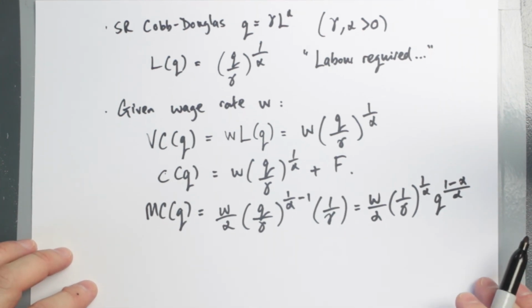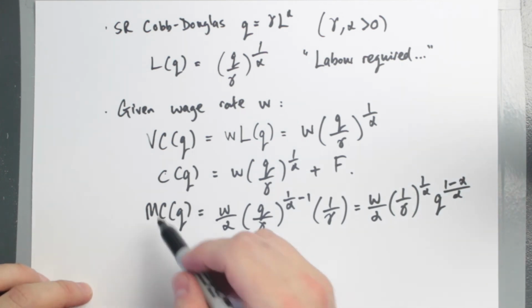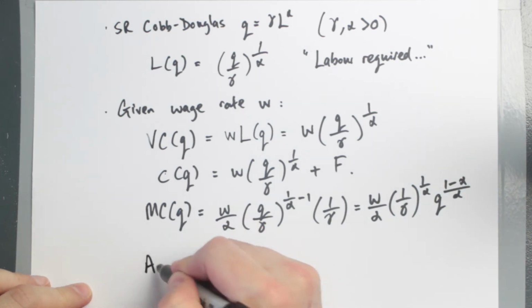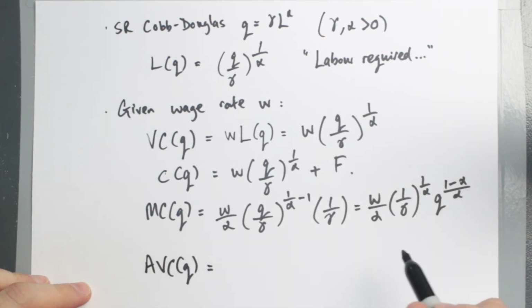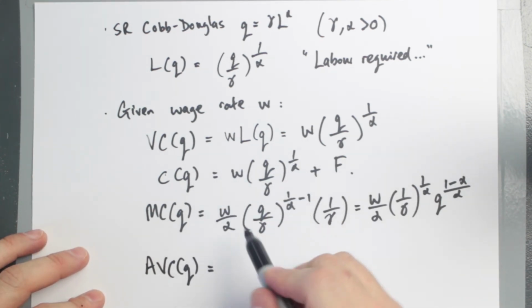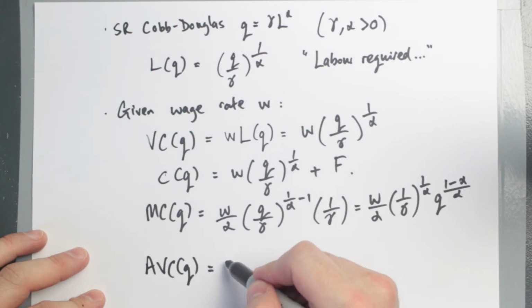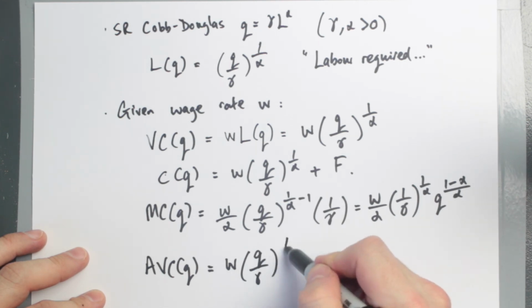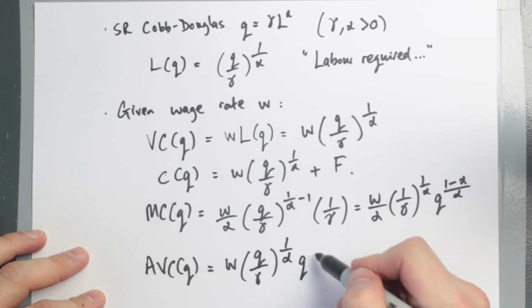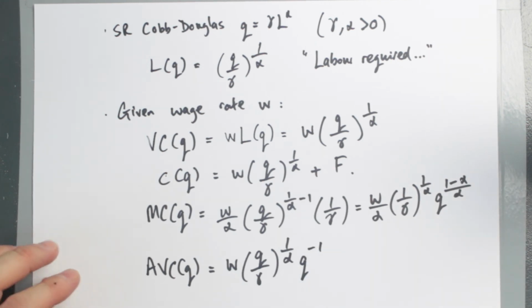Okay, so that's the marginal cost function, and the average variable cost function again would be the variable cost divided by Q. So we would have W times Q over gamma to the power 1 over alpha, and then divide by Q. So multiply by Q to the power minus 1.